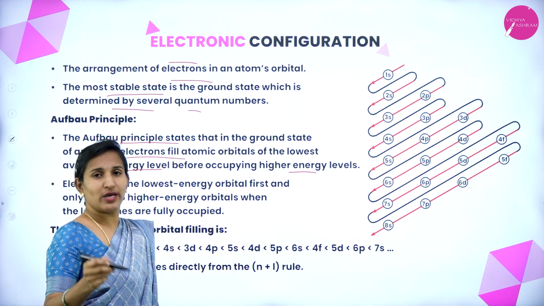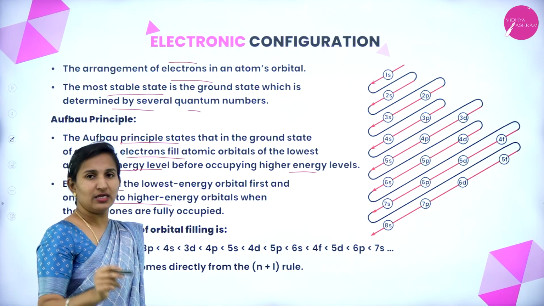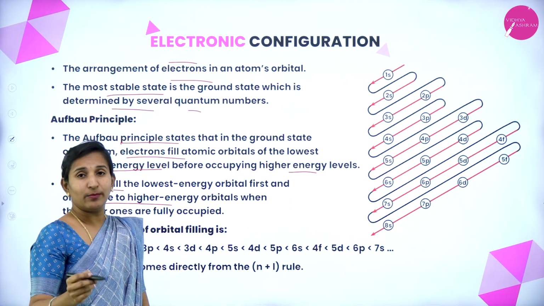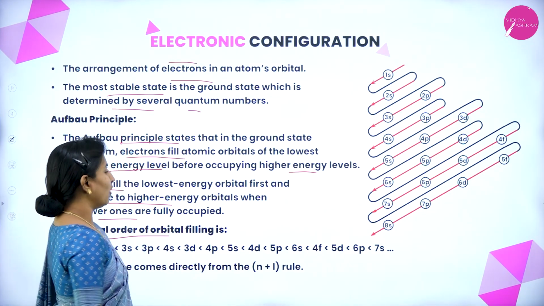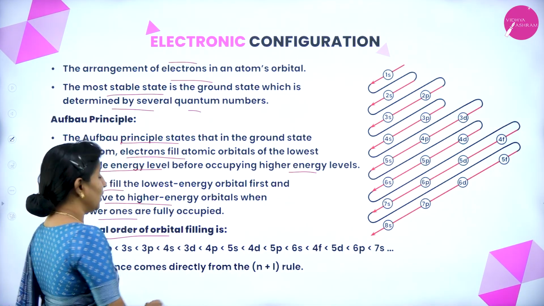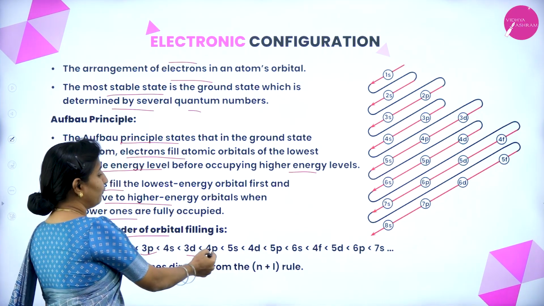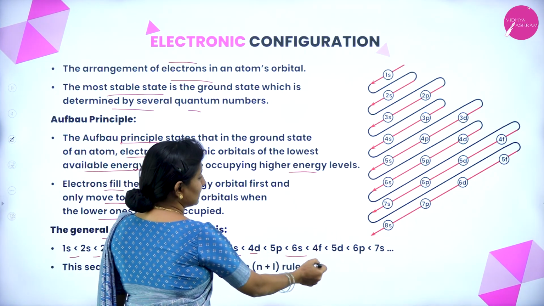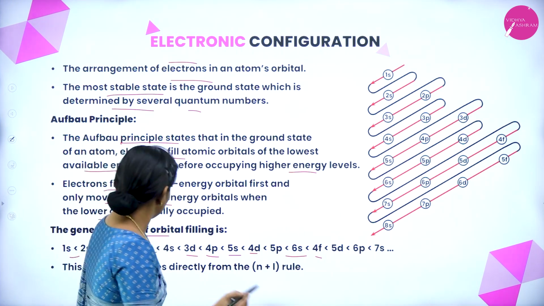Electrons fill the lowest energy orbital first and only move to a higher energy orbital when the lower orbital is fully occupied. The general order of orbital filling is 1s, 2s, 2p, 3s, 3p, 4s, 3d, 4p, 5s, 4d, 5p, 6s, 4f, 5d, 6p and 7s, etc.